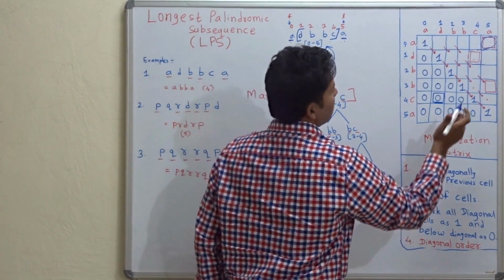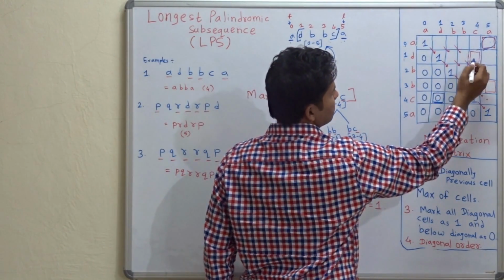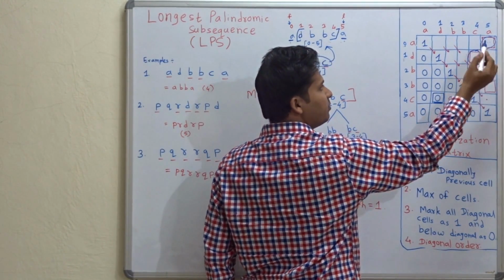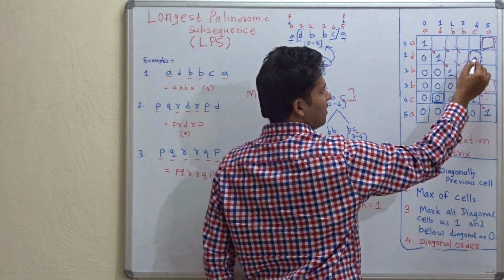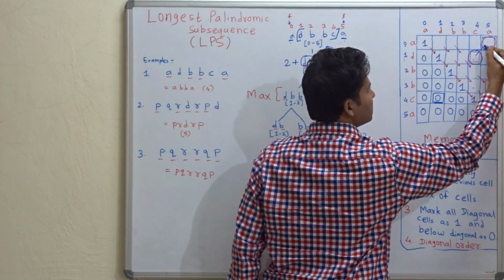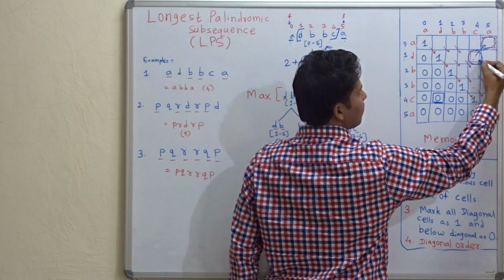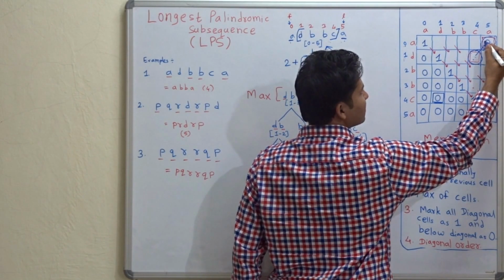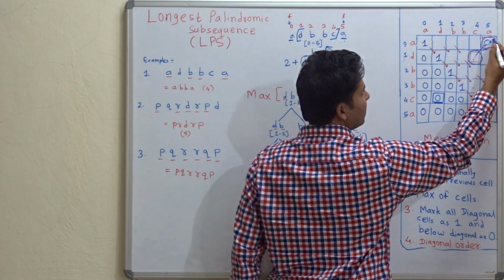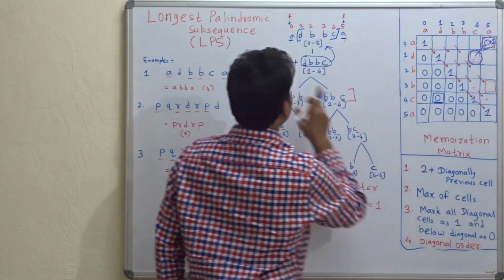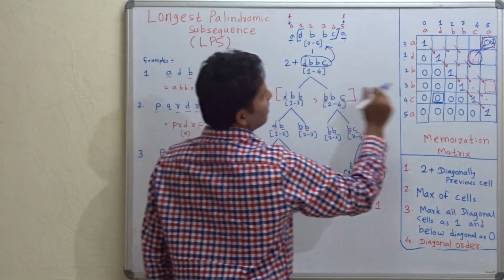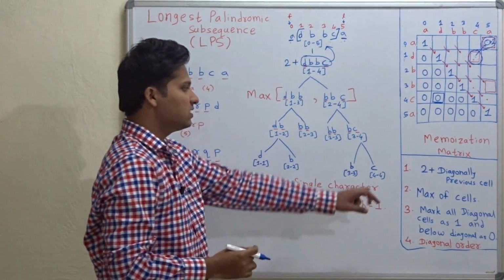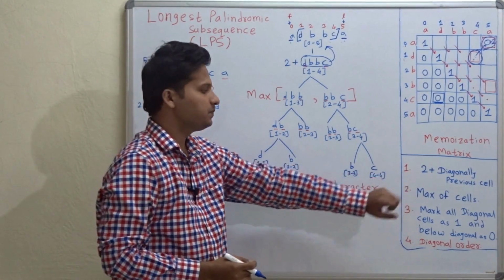So 1 to 4 is this cell. So the value of this cell depends on this cell, and we take the value from 1 to 4, this cell. I will point that value by a circle, plus we add 2. So 2 plus value from this cell. So this is what this first point means.